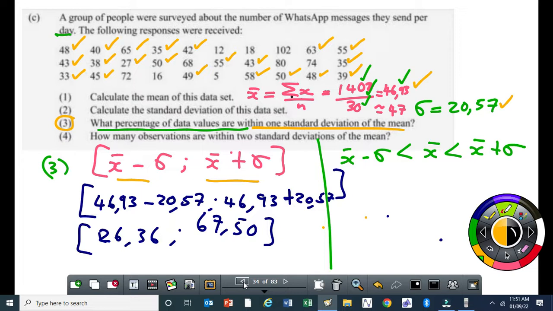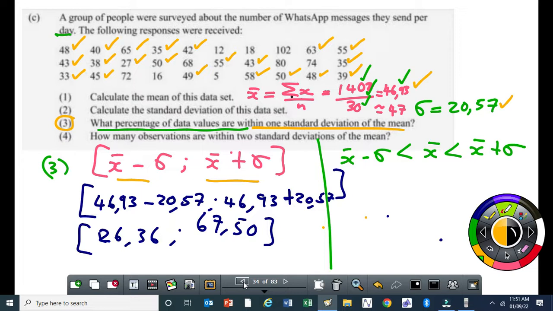Right, so let's do the addition: 1, 2, 3, then 4, 5, 6, 7, 8, 9. In total there are 21 values within one standard deviation.